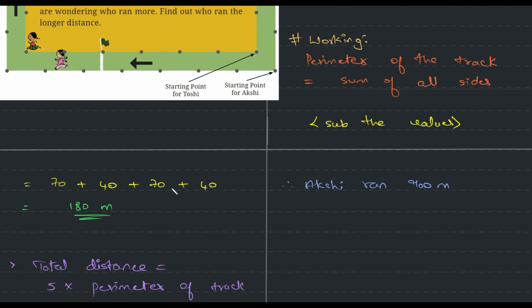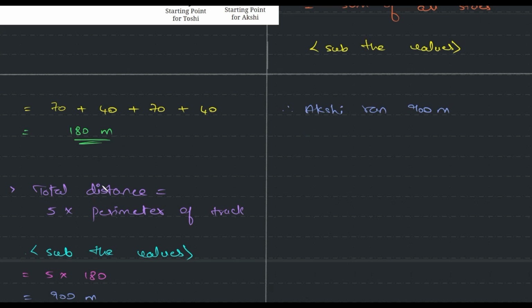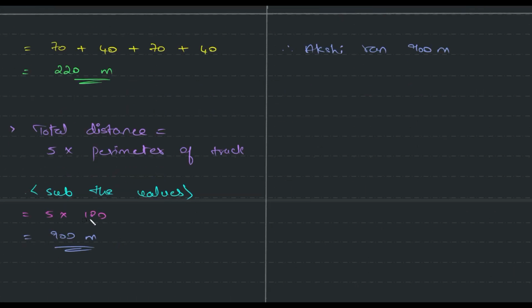And I did 70 plus 70, 140. 40 plus 40, oh, my bad. This addition is wrong. 140, 140, 180, 220. So this is 220.